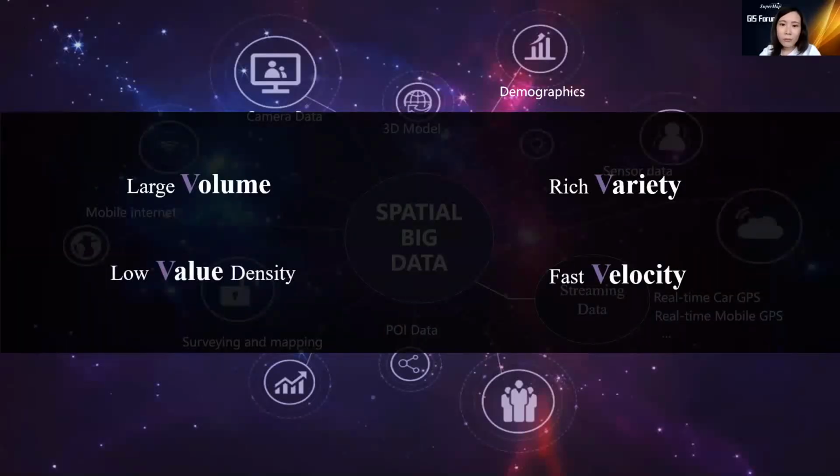And there are 4 V of big data, and big data features that are large volume, rich variety, low value density, and fast velocity. And for spatial big data, there is one more L, that is with location.